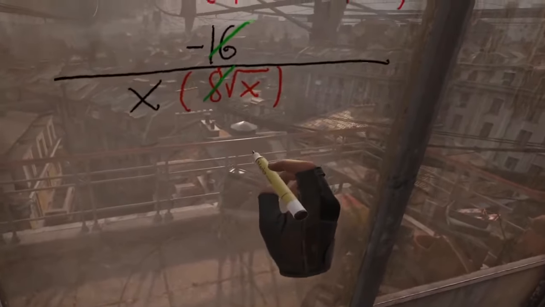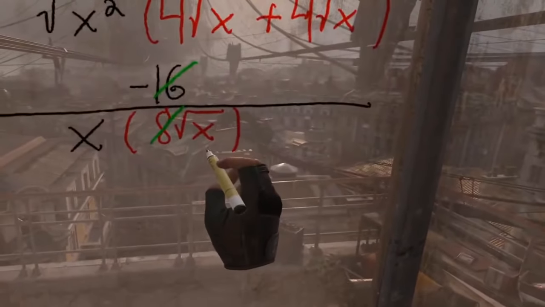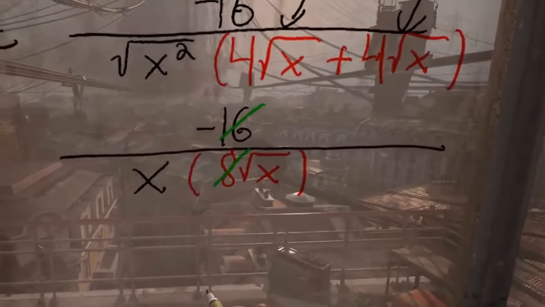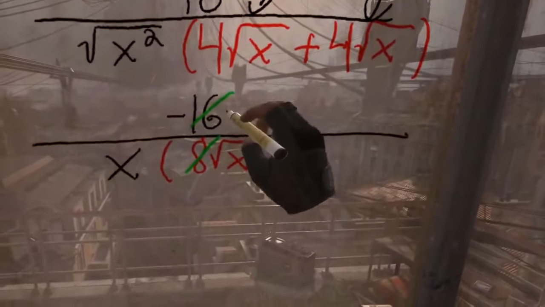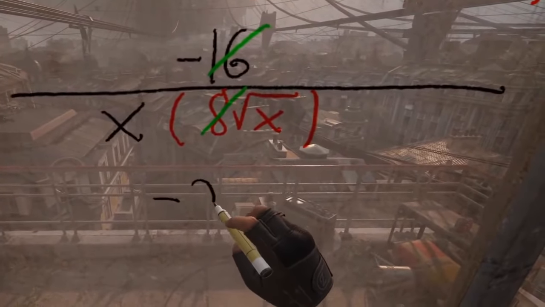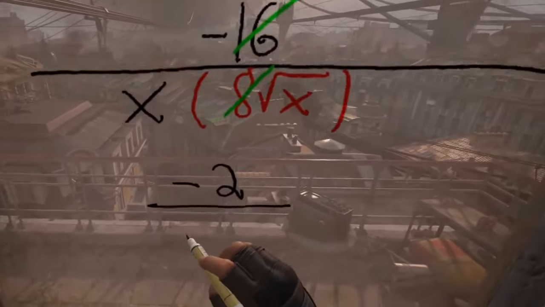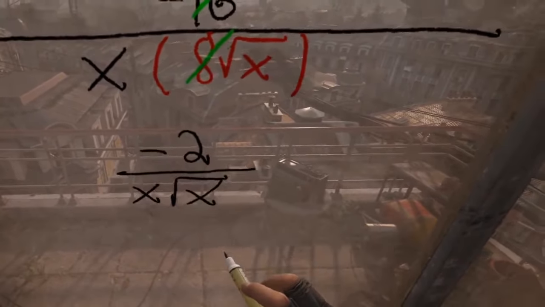And now that leaves us down here. So I had a 16 on top. Now this is all being multiplied. Don't let the parentheses throw you off, right? This is just x times 8 the square root of x. So 16 over 8 is just going to produce a negative 2 up top. And then we're going to have x times the square root of x on the bottom.